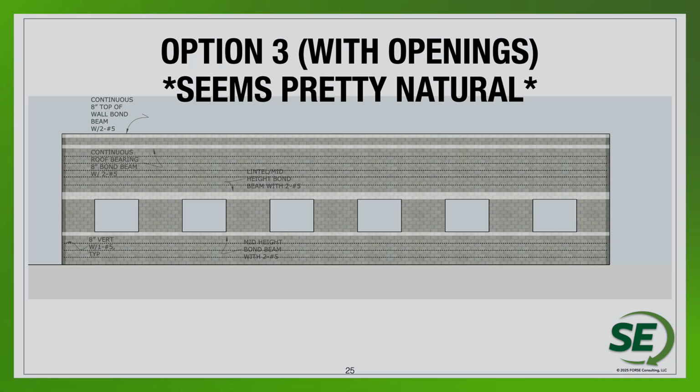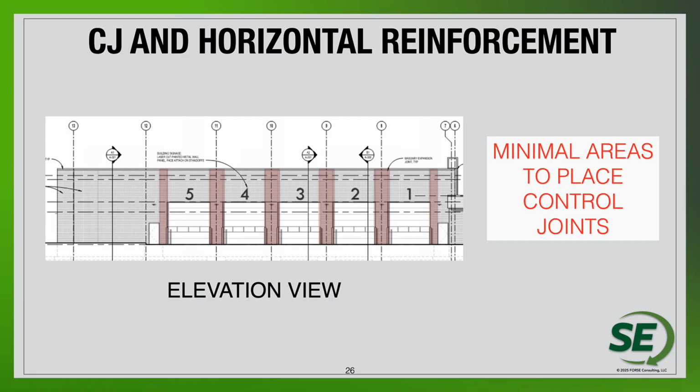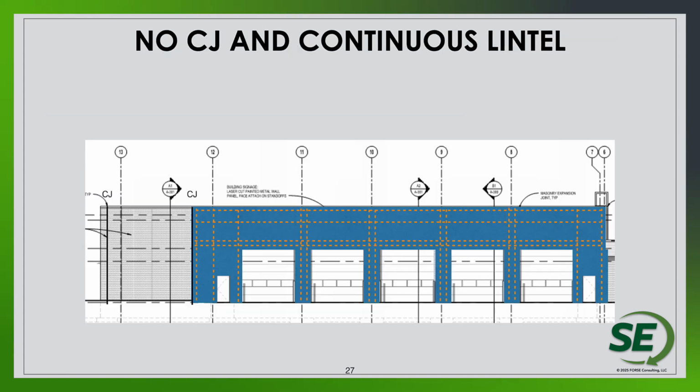So again, looking at a design like this, where we have minimal places to put control joints anyway, and we have very large, nice places to put continuous masonry lintels over the top. And so you can see here, a nice continuous lintel over the top of all of this design would work very well.